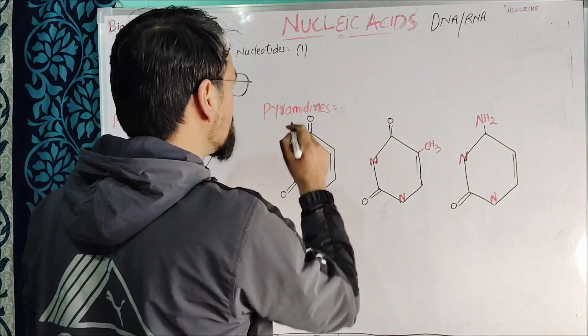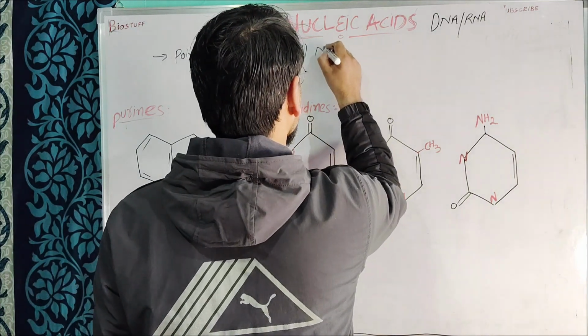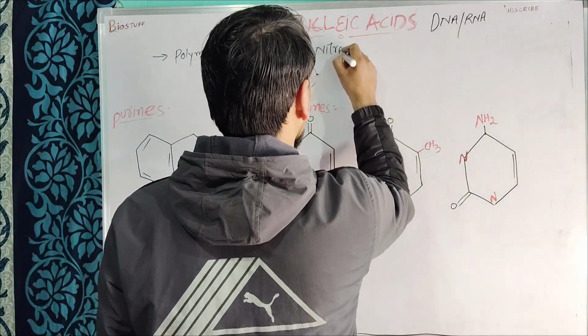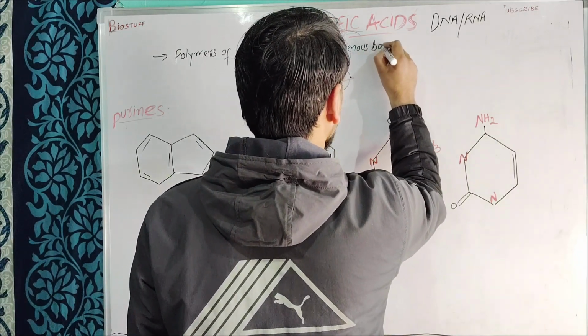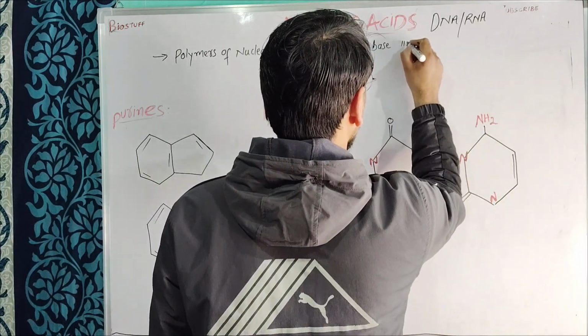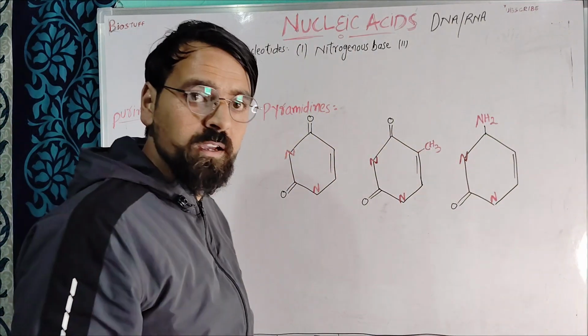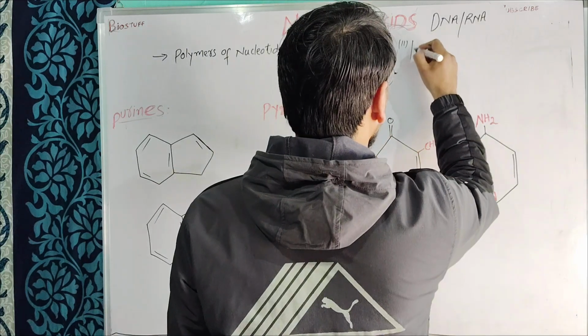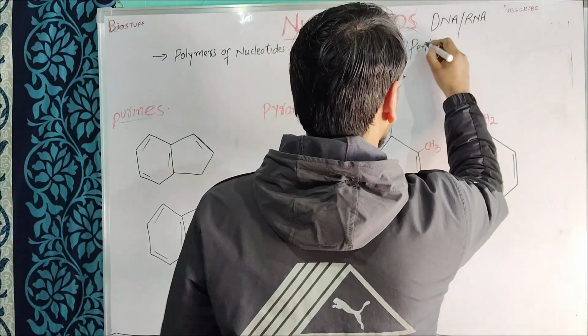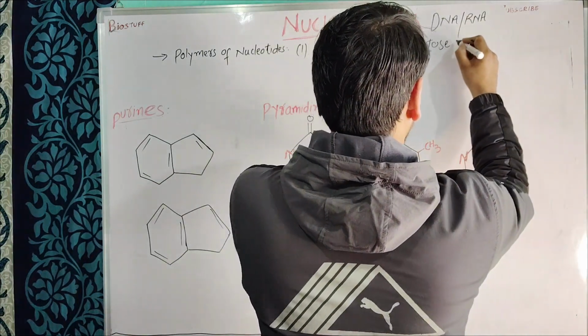Nucleotide has 3 components. First is the nitrogenous base. Second is the pentose sugar.